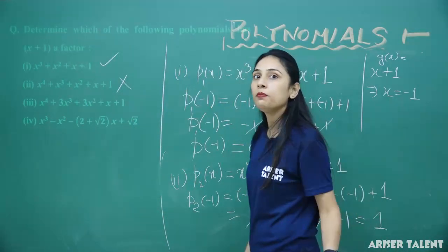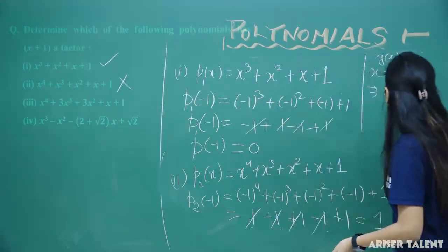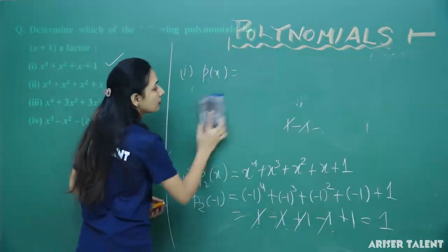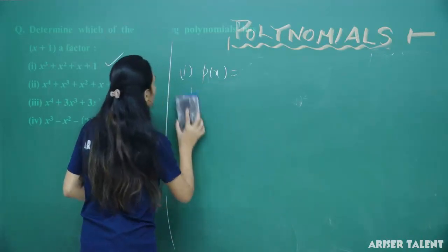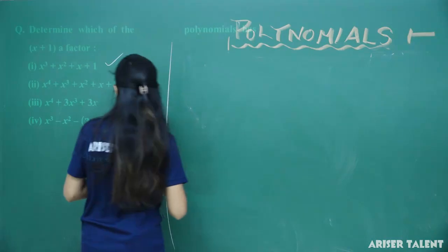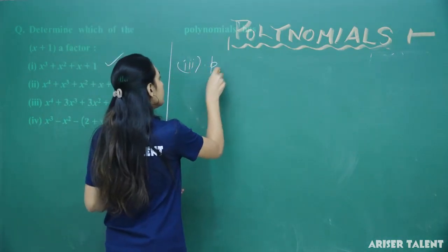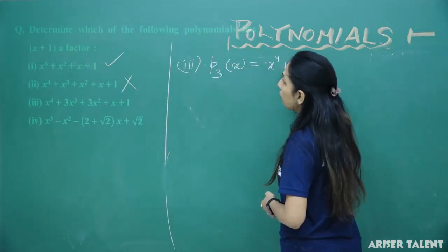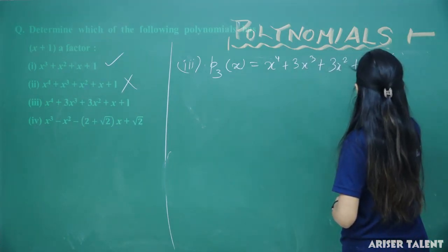Okay, first complete, second complete, move towards the third one. So, the third one is, let us say, P3(x), and that is given as x to the power 4 plus 3x cube plus 3x square plus x plus 1.